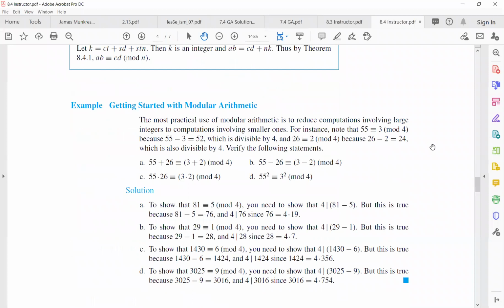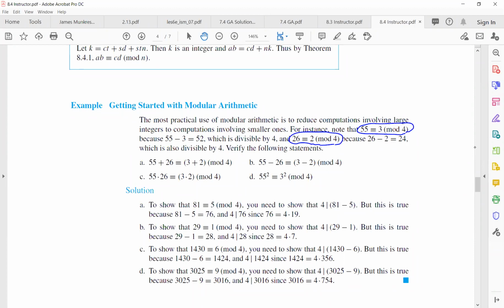Let's go over one example. So we know that 4 divides 55 minus 3. We also know that 4 divides 26 minus 2. So if you add 55 and 26, it's congruent to the sum of 3 and 2.